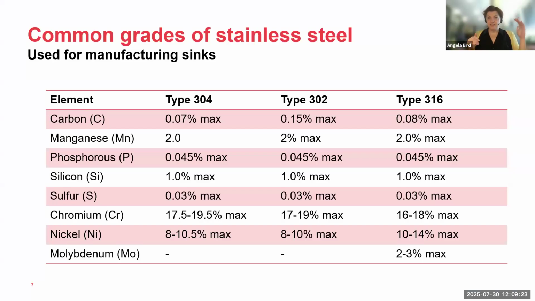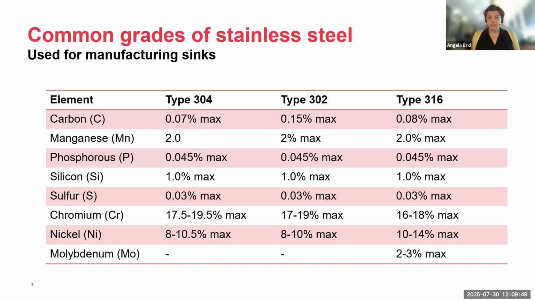So here's a breakdown table of all the elements in the iron alloy known as stainless steel. Each of these elements are present in different concentrations depending on the type, or also called grade, of stainless steel. These elements affect the physical characteristics of the stainless, how it behaves during the manufacturing process, and how it appears once it's formed.